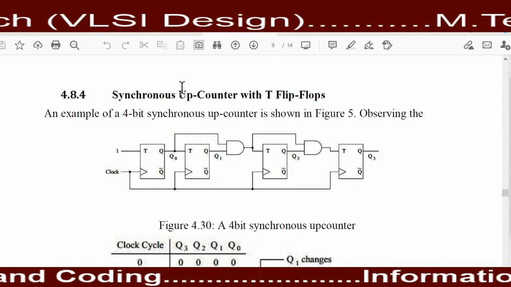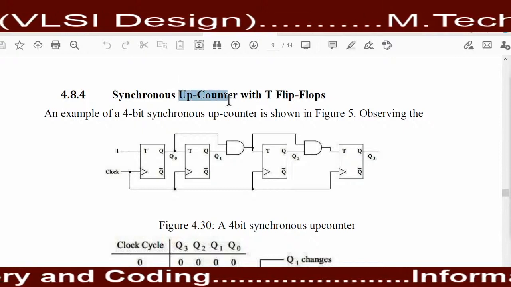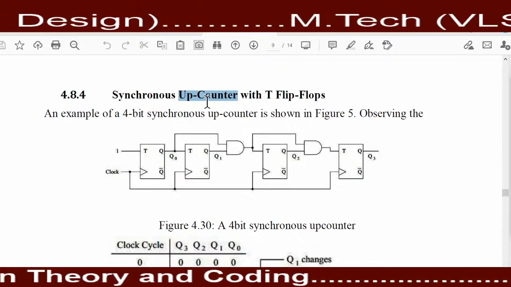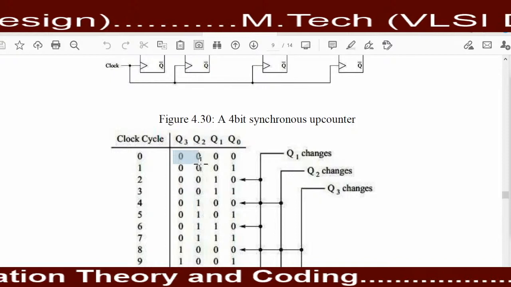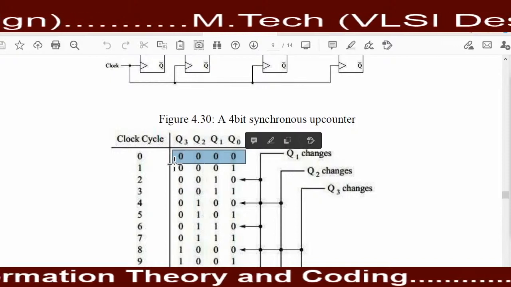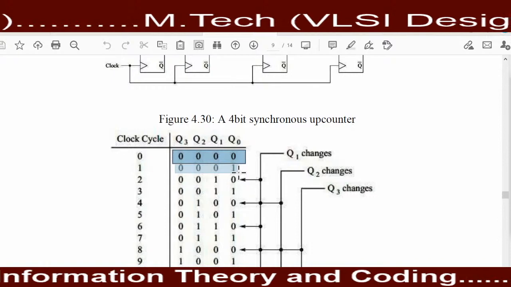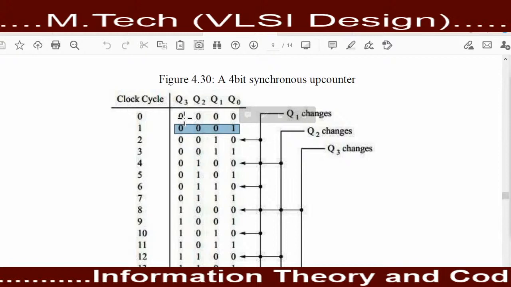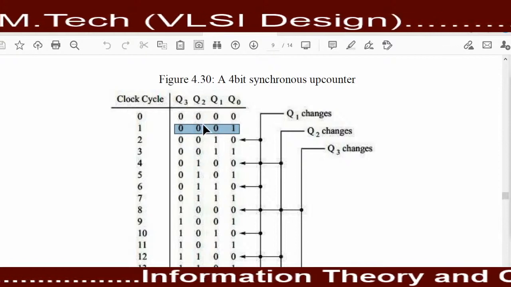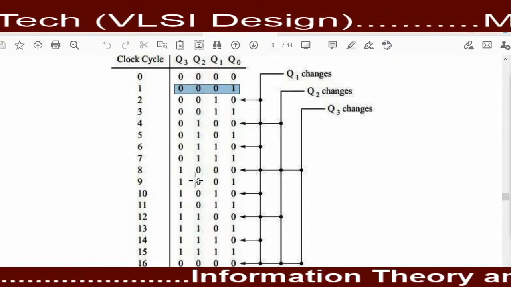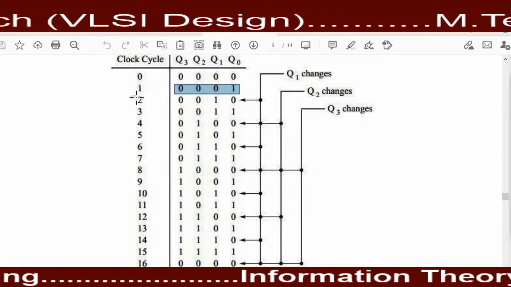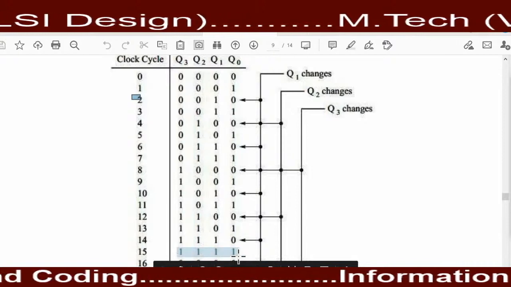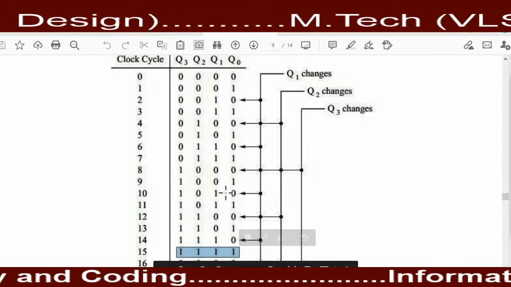Same as before, if the counting sequence is from 0000 to the highest level, this type of counter is known as an up counter. Here the starting stage is 0000, and after each clock pulse it moves one step ahead. After the 0000 output, it will be 0001, and on the next clock pulse it will be 0010, and it moves until you reach the highest stage of counting.